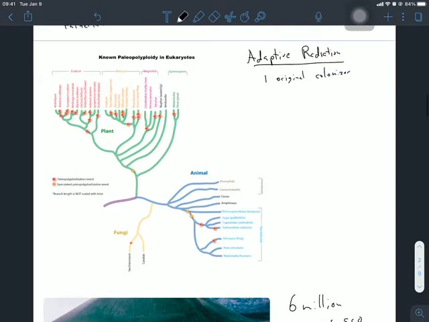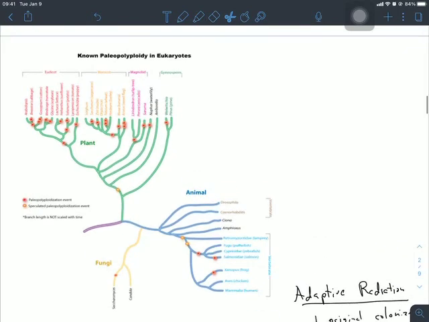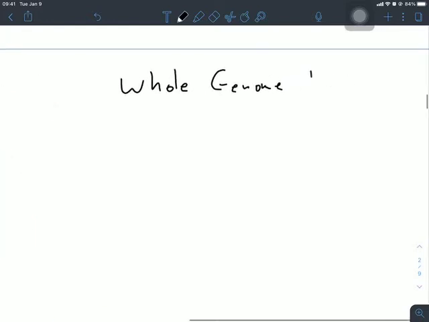Now, another major driver of speciation in plants, whether it's allopatric or sympatric, are whole genome duplications.